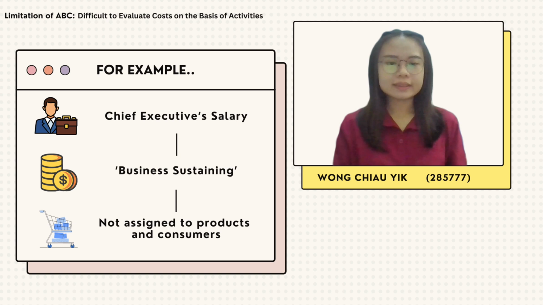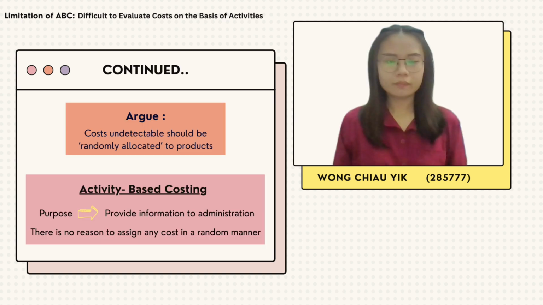For example, some overhead costs are impossible to assign to a specific activity, such as the salary of the chief executive. These expenses are called business sustaining and are not assigned to product and consumer because there is no meaningful way. The lump of unallocated overhead costs must nonetheless be met by contributions from each of the products, but it is not as large as the overhead cost before activity-based costing is used.